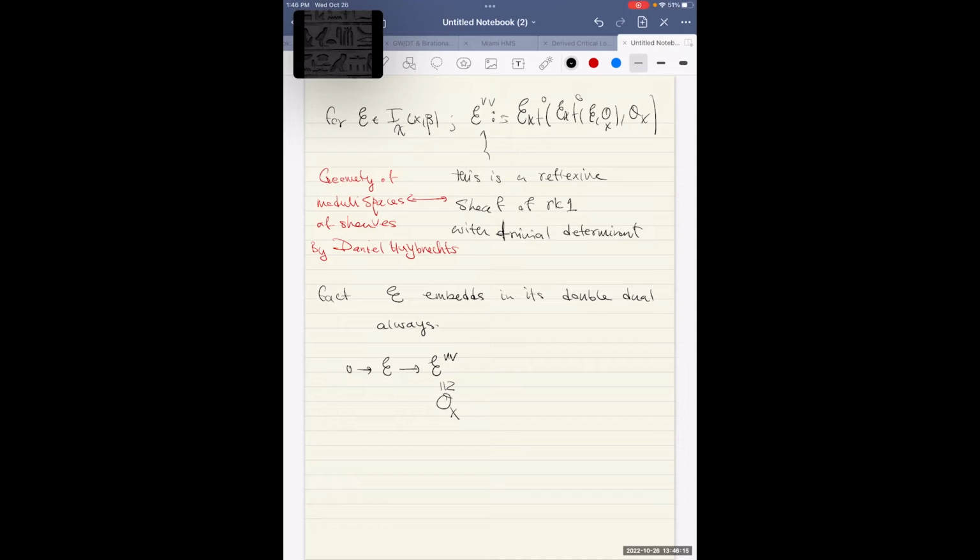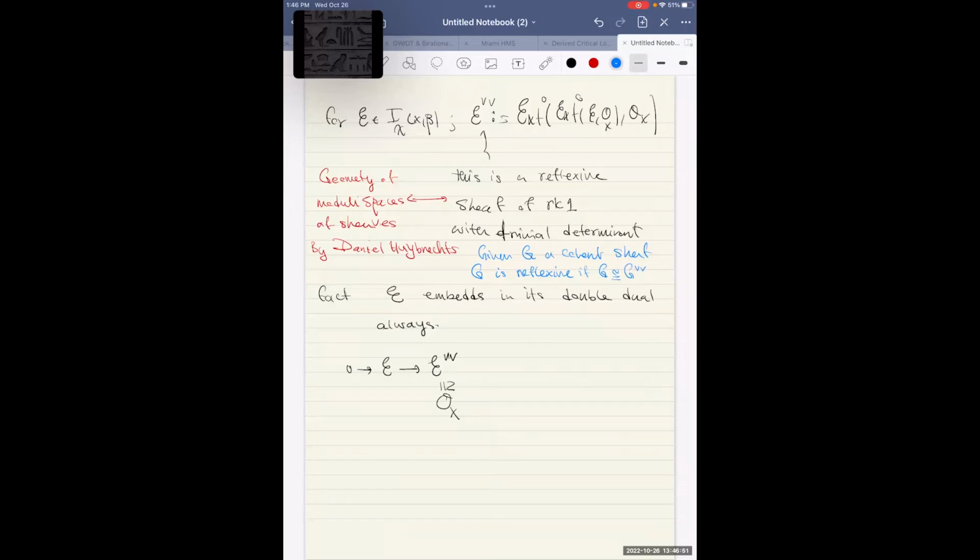You have a reflexive sheaf, and reflexive means: given a coherent sheaf G, G is reflexive if G is isomorphic to G double dual.